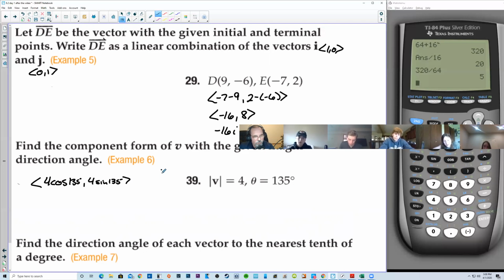And we know 135 also, that's over here. Negative square root of 2 over 2, positive square root of 2 over 2. So this one is 4 times -square root of 2 over 2, and 4 times square root of 2 over 2.